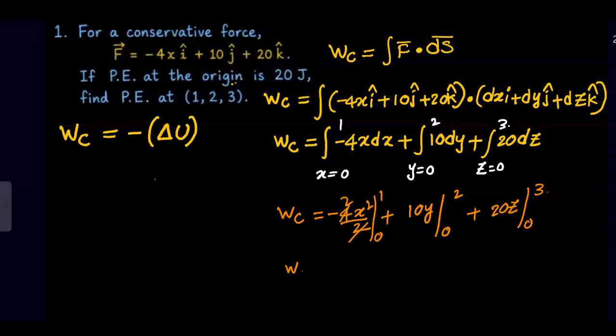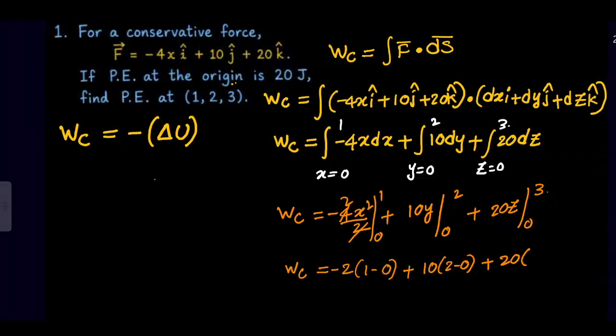So the work done by the conservative force is minus 2 into (1 minus 0) plus 10 into (2 minus 0) plus 20 into (3 minus 0).